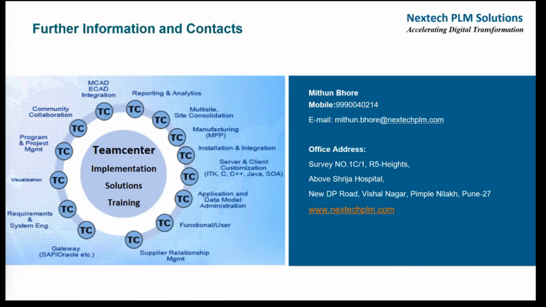Ideally, for one of our customers, they had one requirement, not specific to plant but to location. They were saying if the country is different, they want different rules to be applied.